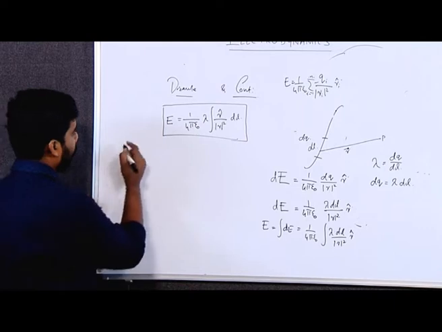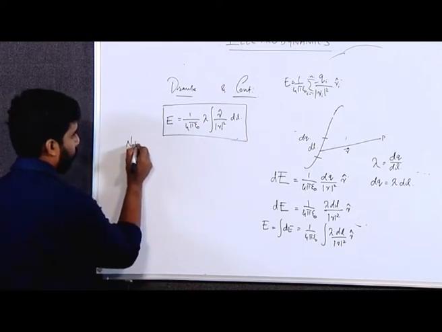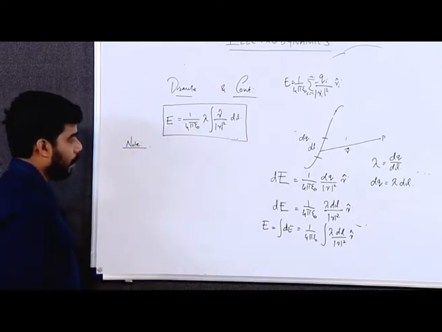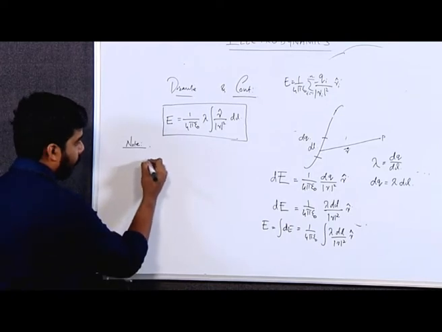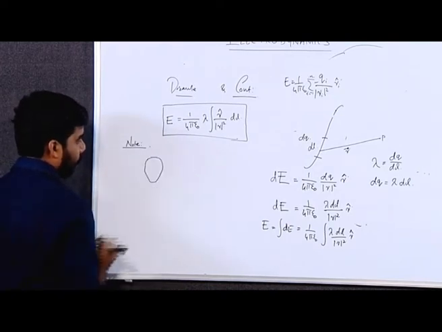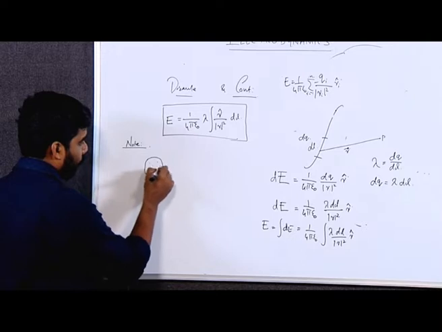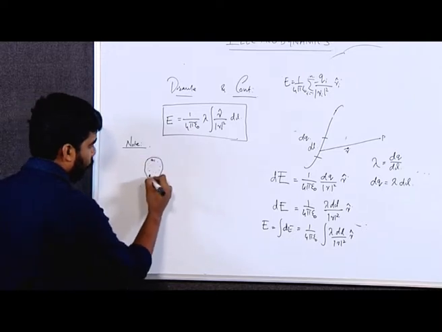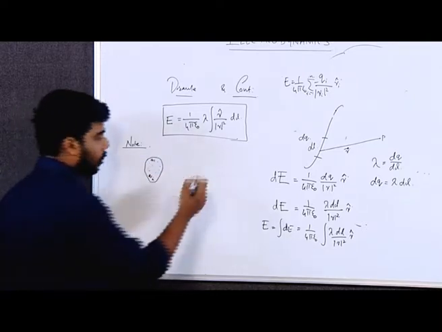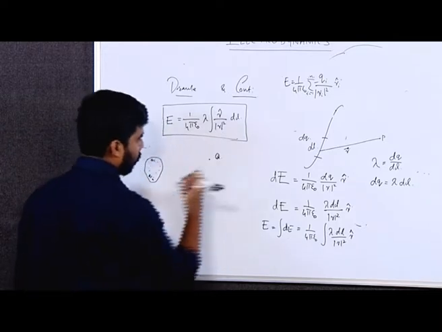As a note, I will add one more point. Initially we talked about a small distribution of charges q1, q2, q3, etc., qn, and a test charge placed at a distance.